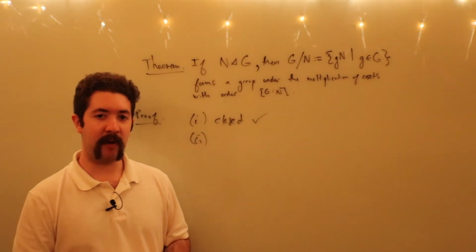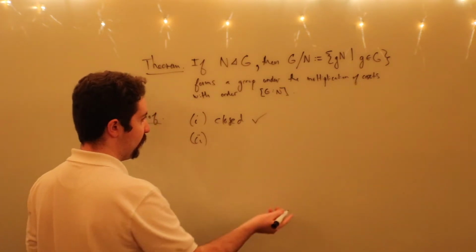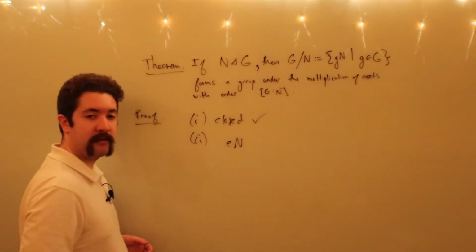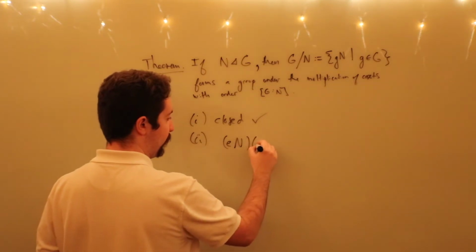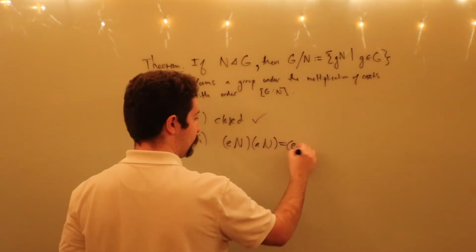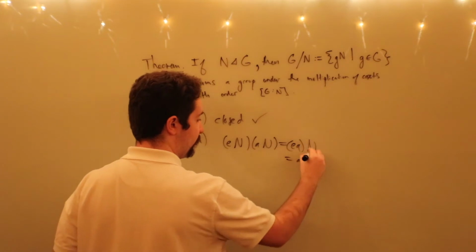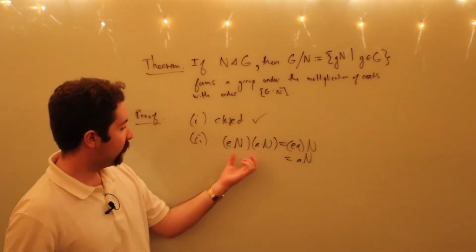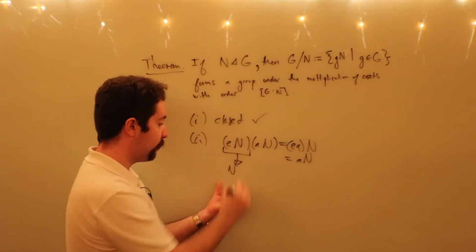All right, the second thing we might want to check is for an identity element. Well, suppose we take just the identity of the group G and multiply it by the subgroup N, right? So if we have eN times, say, aN for some arbitrary a in G, then since N is normal, we get this, and this results in that, right? And you can do it the same in the other order, so that this, which is just the subgroup N, right?